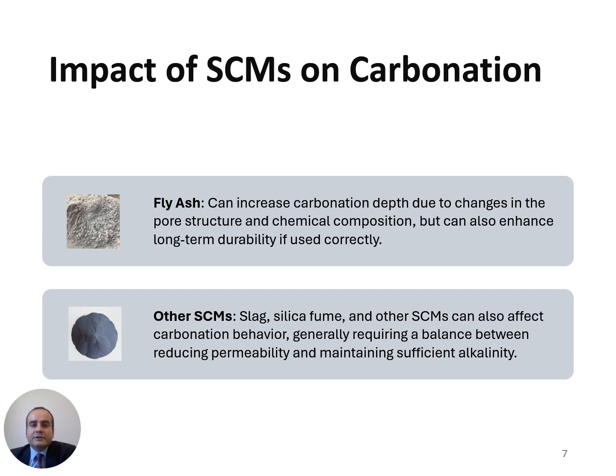However, the use can be optimized to balance this effect by improving overall durability. Some other supplementary cementitious materials such as silica fume can enhance carbonation resistance by refining the pore structure and increasing the density of the concrete.